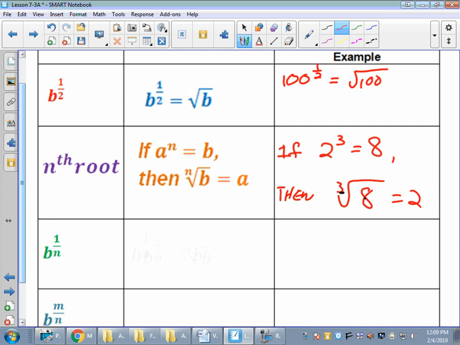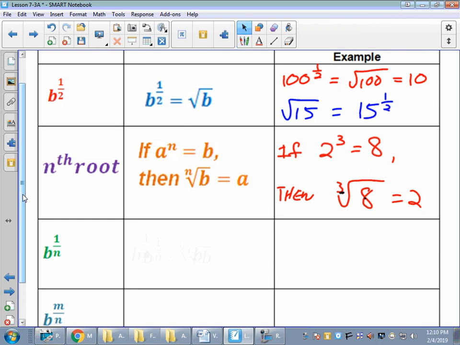Now we don't have to put the 2 in there because it's assumed that if there's no number in there, it's a 2. And the square root of 100 we know would be equal to 10. The opposite way of writing that would be if you were given the square root of 15, you could rewrite that as 15 to the 1/2 power. So they go back and forth from root to exponent.